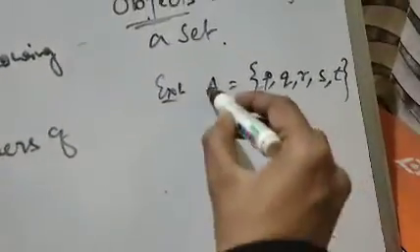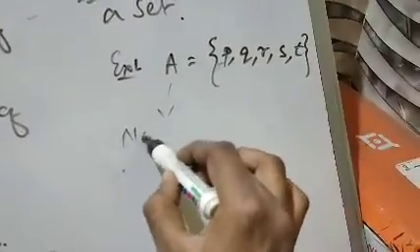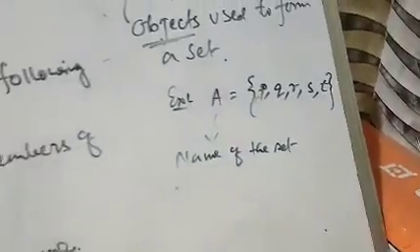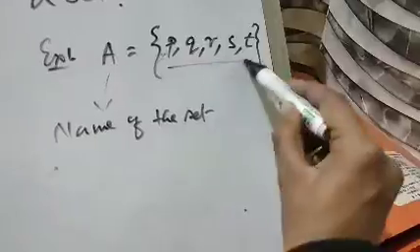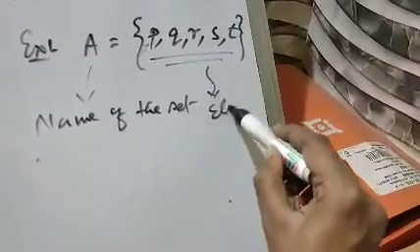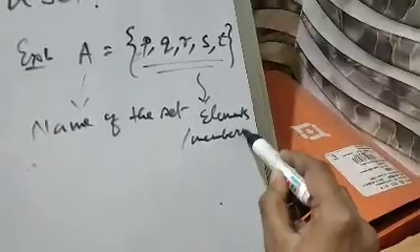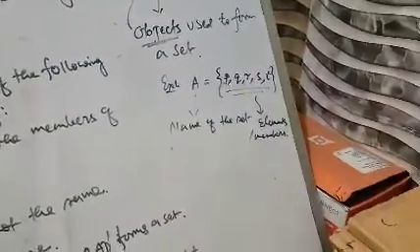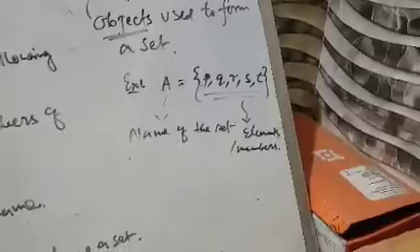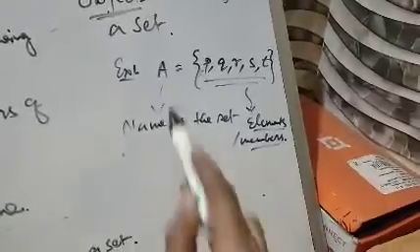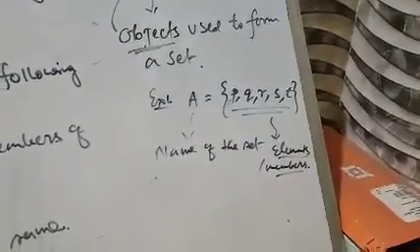The name of the set is A. And the elements are these five alphabets, also known as members. So five objects are used to form a set. Therefore five elements are called elements or members of a set, and the set is represented by A. This is the name of the set.